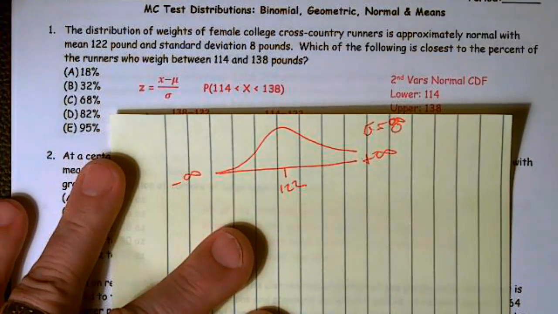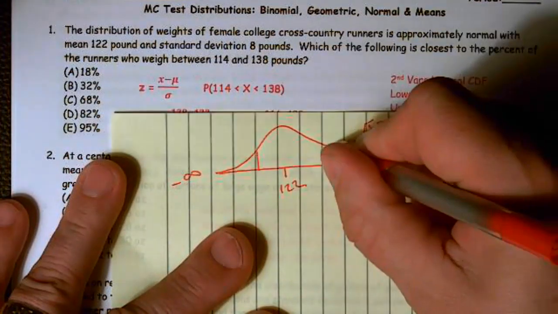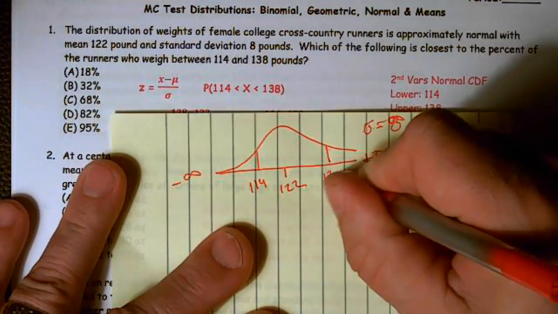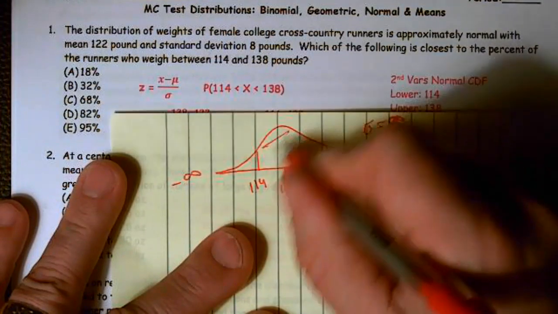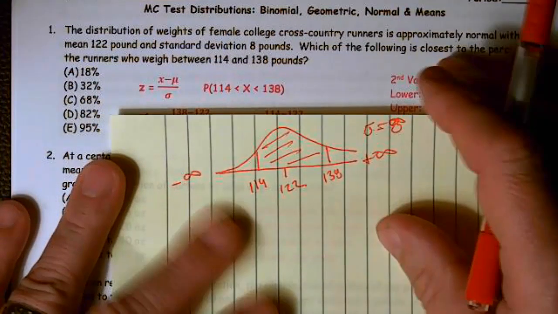And it says, which of the following is closest to the percent of runners who weigh between 114 and 138? So we're looking at 114 somewhere here, and I'm looking for 138, and we're looking for this area right there. They've told us this was normal, so I'm going to be working with the norm CDF.